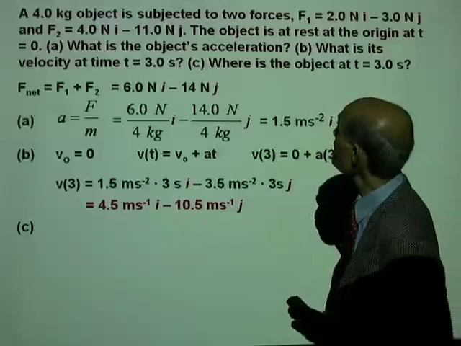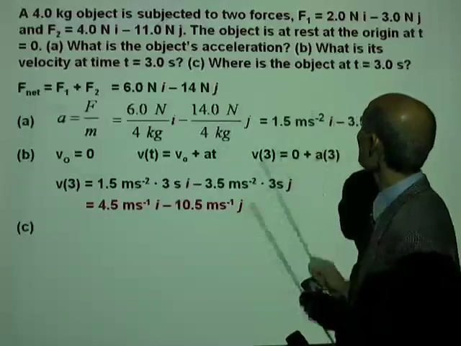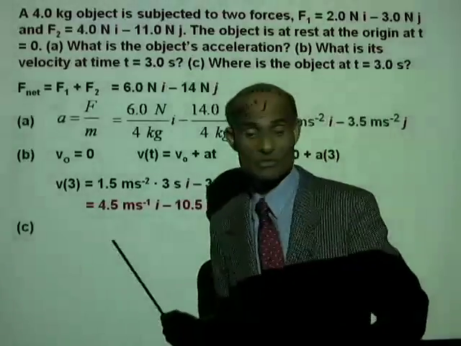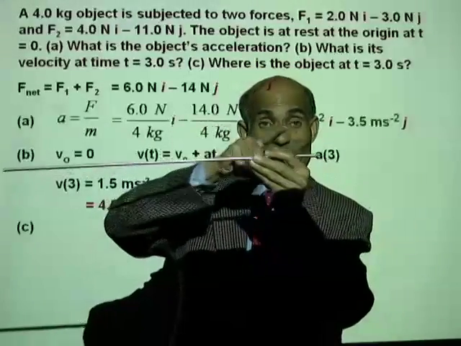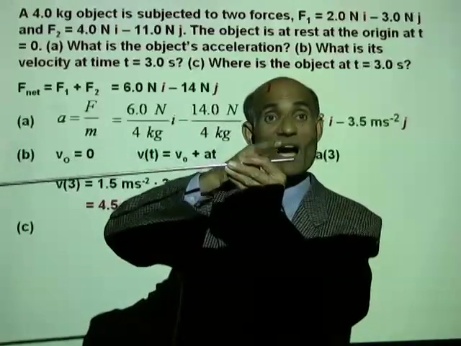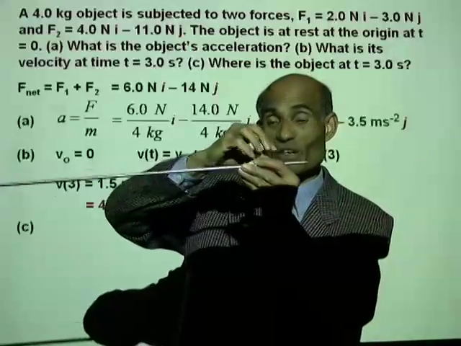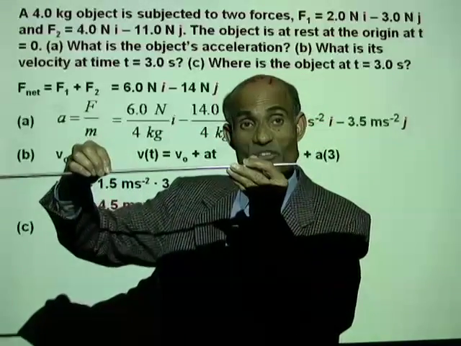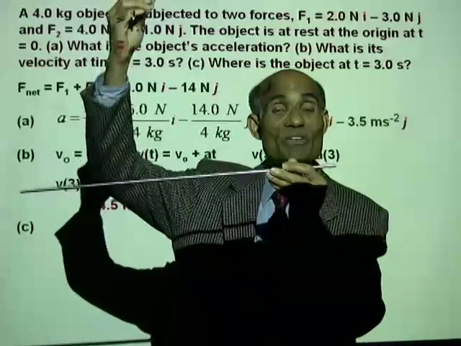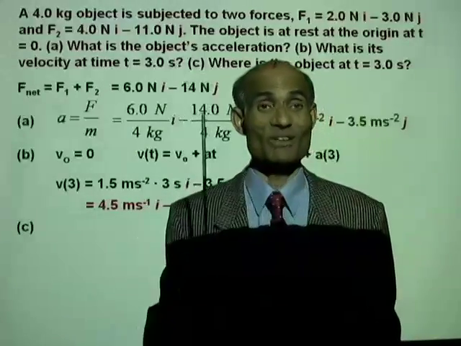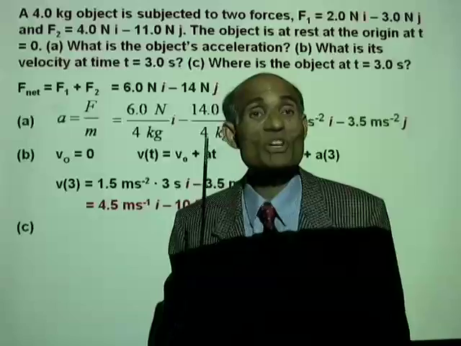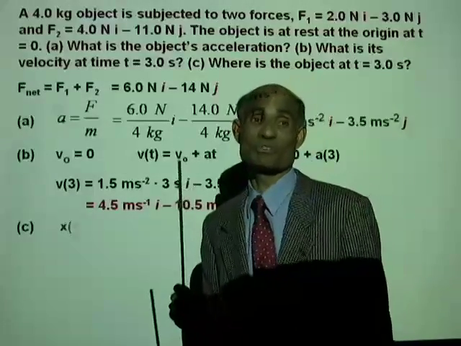Alright. In the C part, where is the object at t equal to 3 seconds? What is its position? Because the object has an x velocity and a y velocity, it will travel an x distance and a y distance. So where is the object? What is the position? There is an x position and a y position.